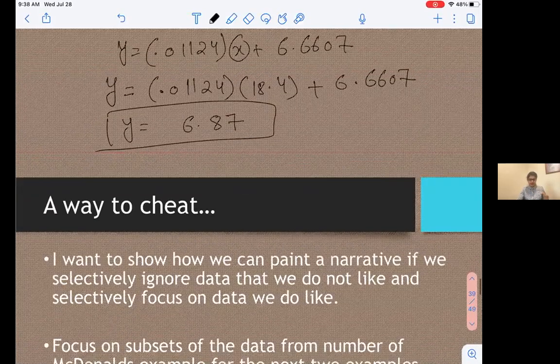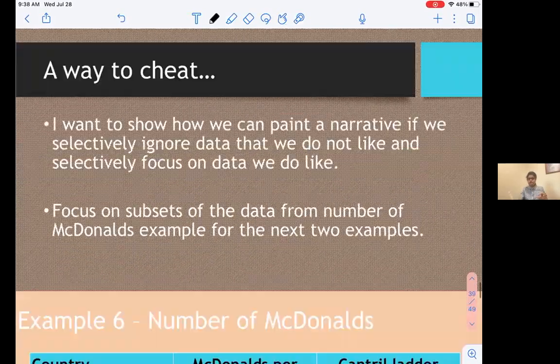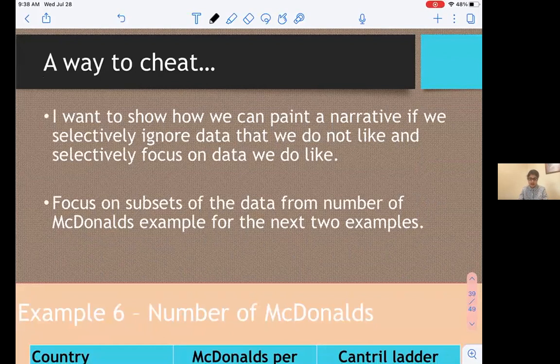There is a little bit of a way to cheat in this case. I want to show how we can paint a narrative. We can change the narrative if we selectively ignore some data that we do not like, or selectively focus on data that we do like in the given information.